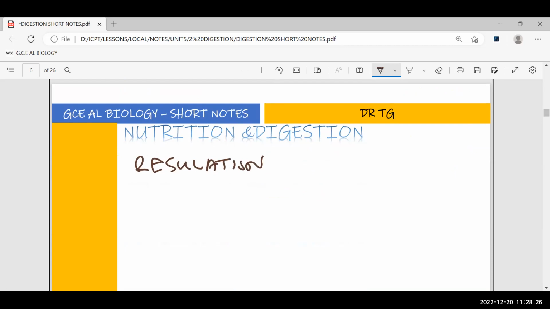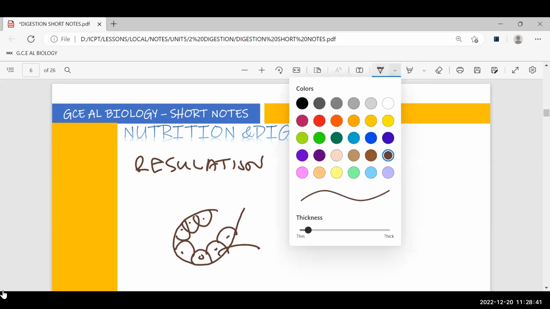You have seen previously the glands which have these cells called G cells, enteroendocrine cells. They secrete gastrin directly into the blood.